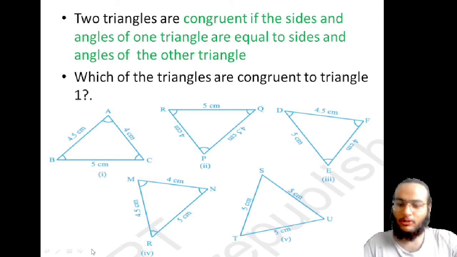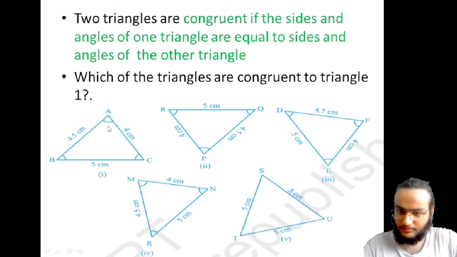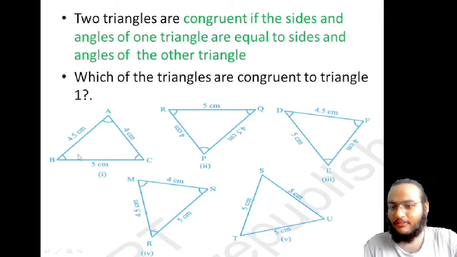Since we are talking about triangles, let us know when two triangles are congruent. Two triangles are congruent if the sides and angles of one triangle are equal to the sides and angles of the other triangle. Let us check which of the triangles are congruent to triangle 1. Triangle 1 has sides of 4.5 cm, 4 cm and 5 cm.